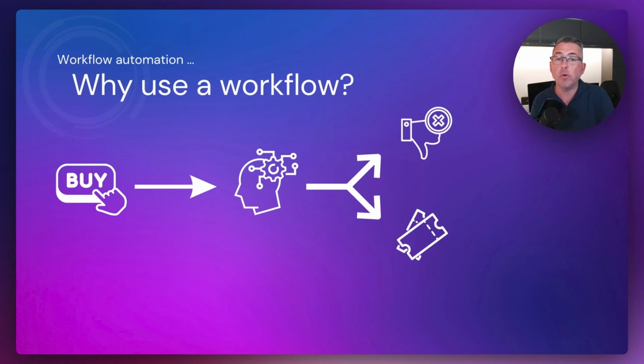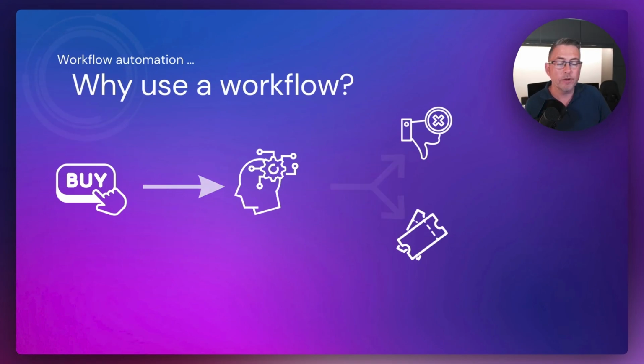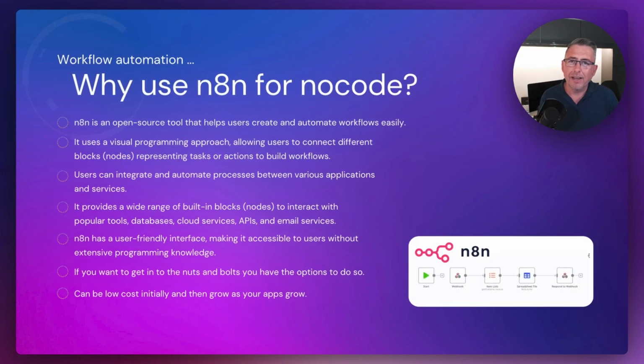You can respond back to your no-code application, saying, sorry, you're not eligible for that particular purchase. Or you might want to confirm that yes, that purchase is good, and that purchase can then happen. So they're all the sort of things that you might want to do using a workflow tool like this. There are just a couple of little examples that I've put together, but of course, it can go on forever.